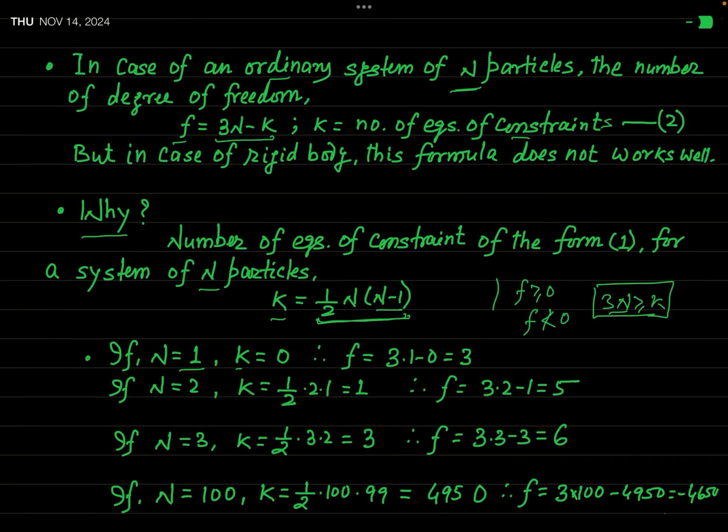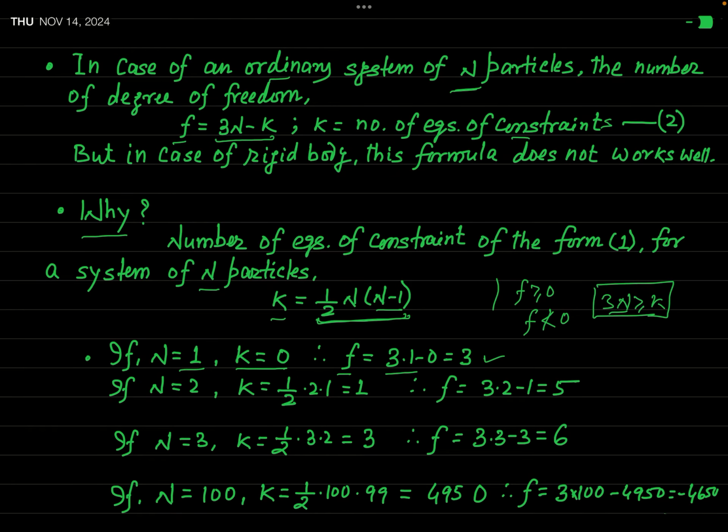So in this case there will be no constraint imposed on the system, and that's why the degree of freedom will be simply 3 times 1 minus 0, which is equal to 3. This is a well-known result. A single particle has 3 degrees of freedom, and all these 3 are translational. No rotational, no vibrational degrees of freedom. You have learned these things in my earlier videos.